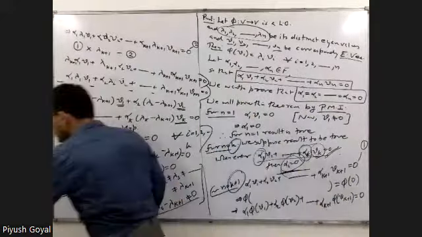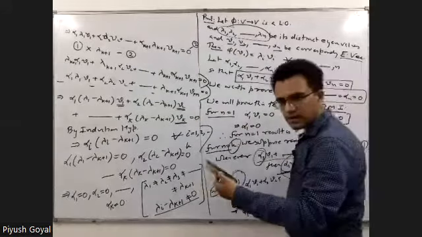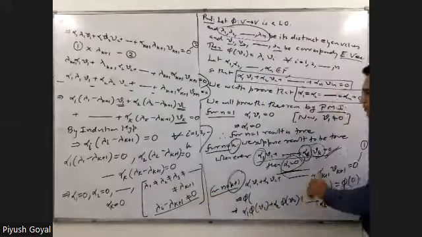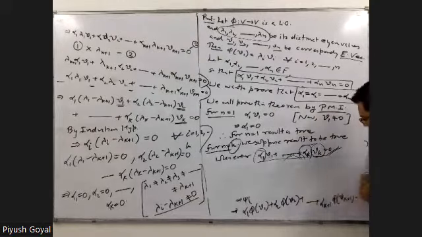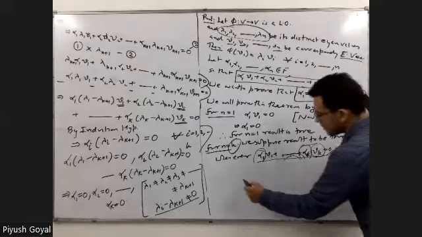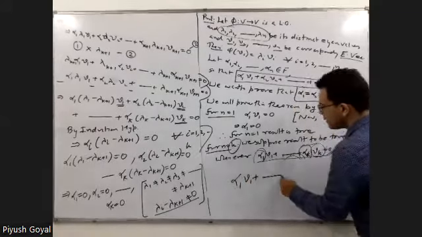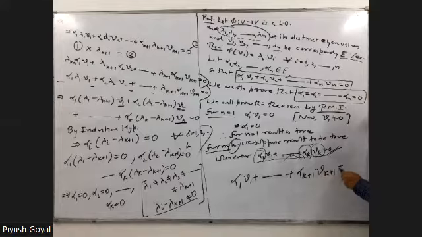So you put this result in: alpha 1 is equal to 0, alpha 2 is equal to 0, up to alpha k is equal to 0. This is the first equation; I rubbed it by mistake. Alpha 1 v1 up to alpha k plus 1 vk plus 1 is equal to 0.